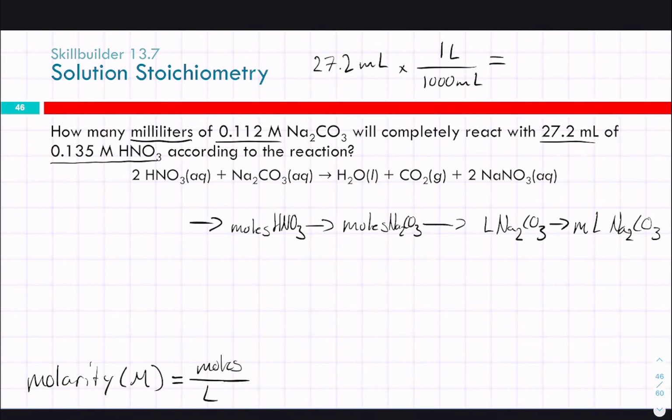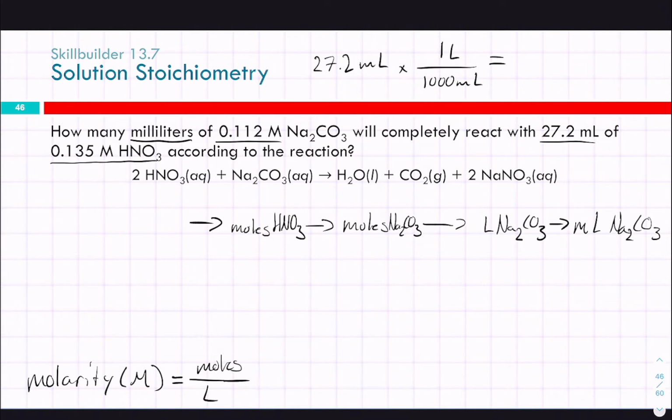And then to get the moles of nitric acid, what would we use? Molar mass is one way we could get it. Yep. But we don't have the mass of our nitric acid. We have a volume of nitric acid and the molarity of nitric acid. Yeah, we'll use the molarity and the volume to calculate the number of moles.